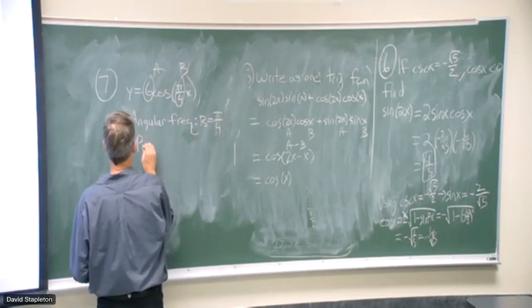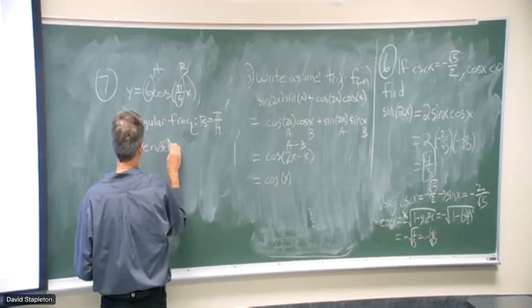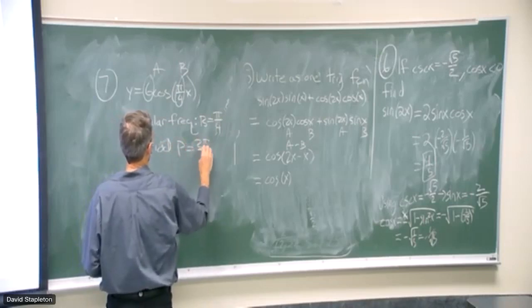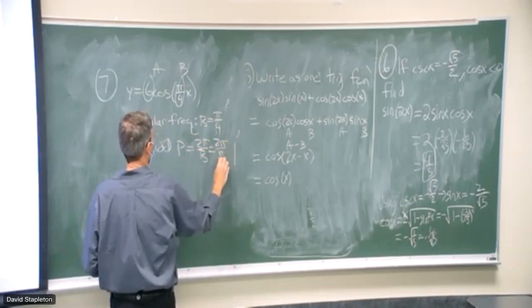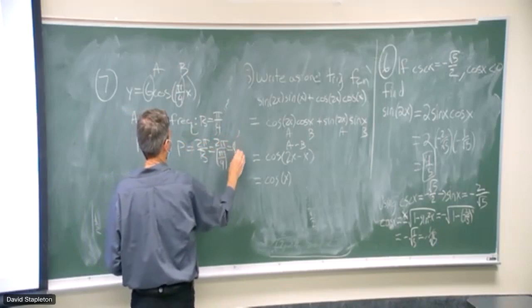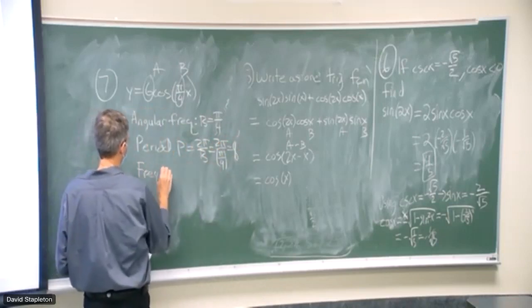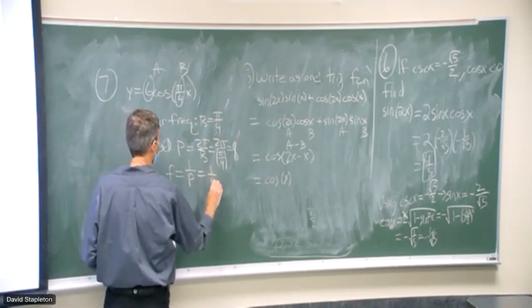The period T, as we recall, is 2 pi over B. It's just memorizing. It's 2 pi over pi over 4. You work out the quotient, that's 8 exactly. And then the frequency is the reciprocal of the period, 1 over T, which is 1/8.